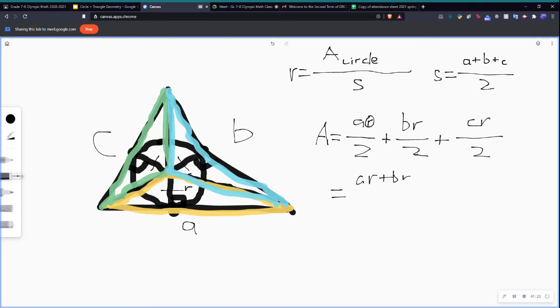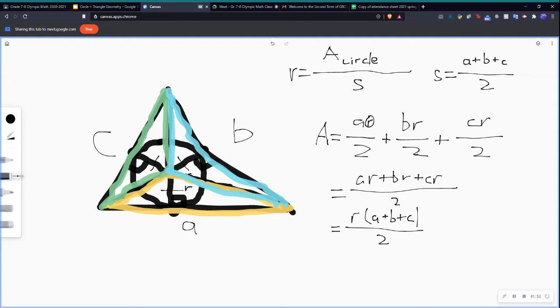So AR plus BR plus CR in your numerator divided by your denominator, which is 2. So let's do that first. And now let's factor R. Basically taking the distributive property, dividing all these terms by R, you get R times A plus B plus C, all that divided by 2. Right?